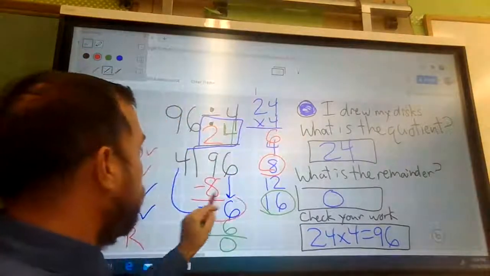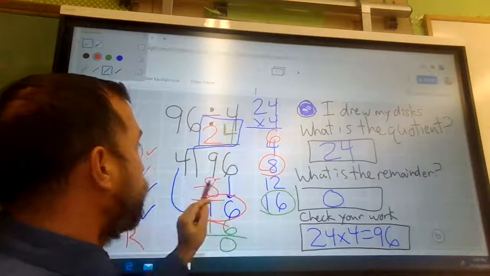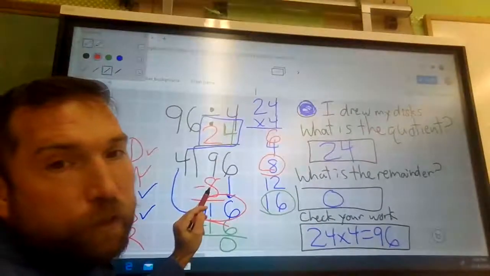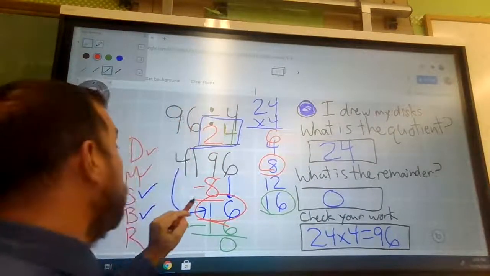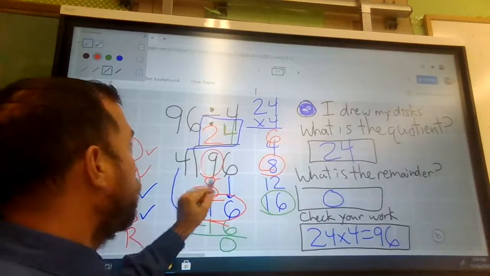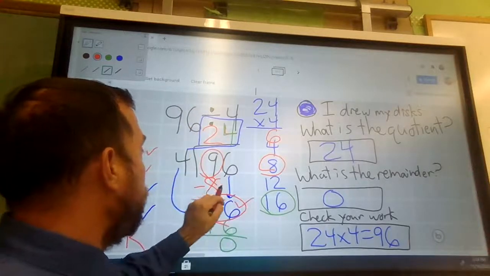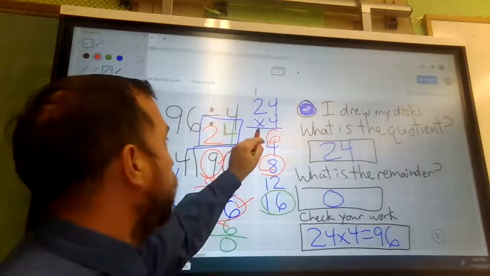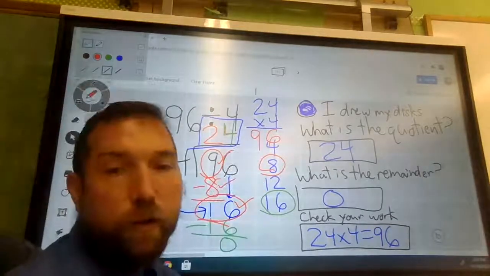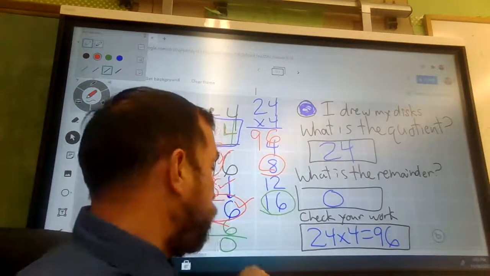That's from down here. 4 times 2 is my 8 again. Plus 1 is 9. Okay, so that was my 16, my 8, and my 9. 96.